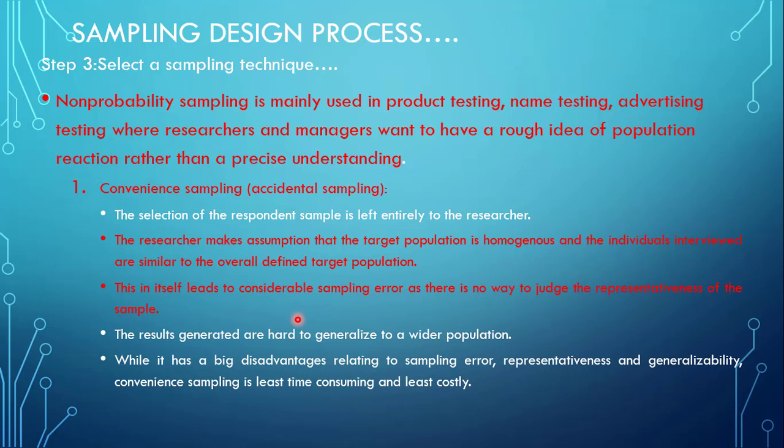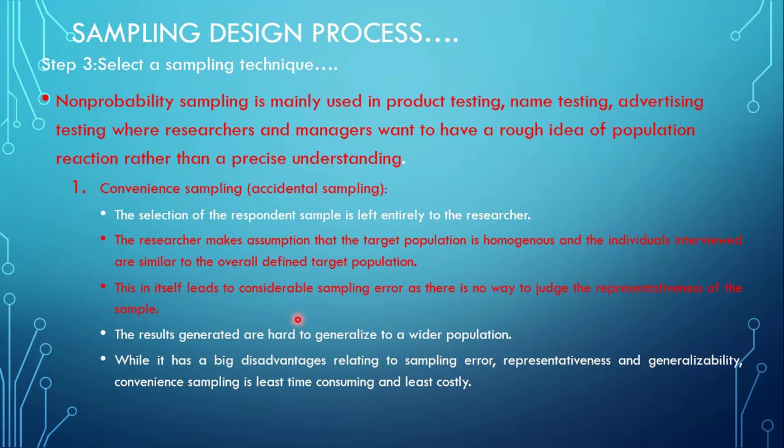If you are using convenience sampling, you go to the mall and you distribute questionnaires to whomever you get in that specific mall. So it is accidental. You are selected not by chance, but because you were purchasing or visiting the mall.